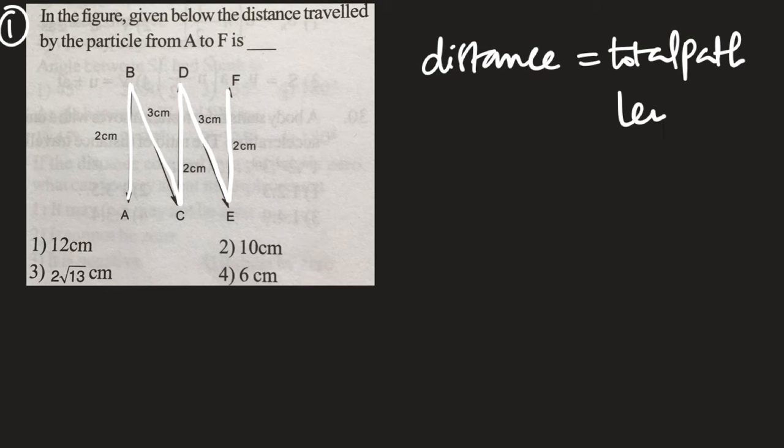As we know, distance is nothing but the total path length, right? So we have to find the total path length here. And what will be the total path length? You can easily see this is 2 plus 3 plus 2 plus 3 plus 2, right?